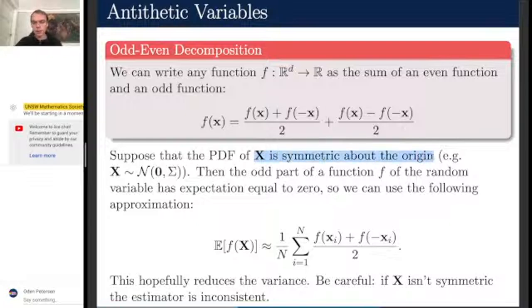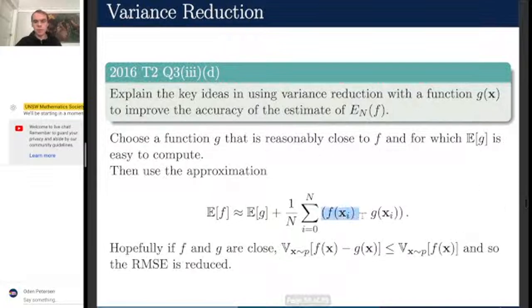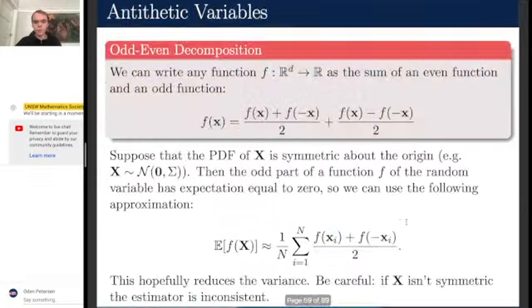If it's not symmetric about the origin, but it is symmetric about a different point, potentially we can do a translation change of variables to fix that problem, to turn it into a problem where x is symmetric about the origin. But otherwise this method is not really as general as this previous method here. Cool.